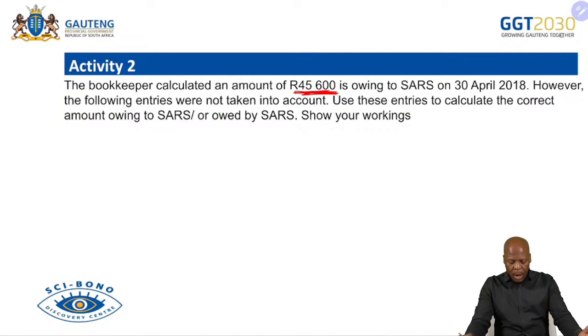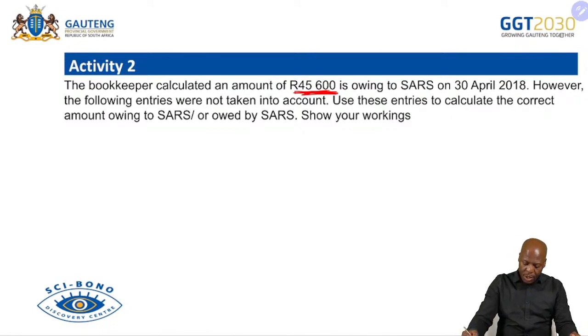But however, there are particular amounts that were not considered, some were omitted. Now, it therefore means that 45,600 becomes incorrect. All right. Use the entries to calculate the correct amount owing to SARS or owed by SARS. And you must show calculations.